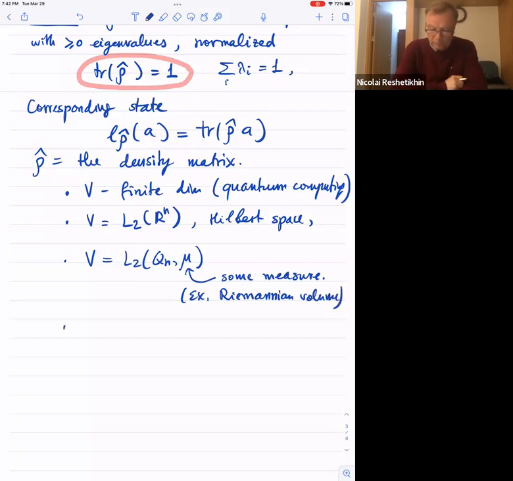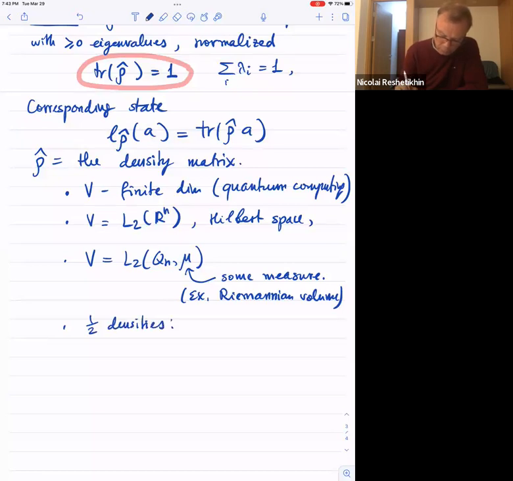And then a little bit more exotic example of spaces that occur in quantum mechanics, the so-called half densities. They work in the case when you just have a manifold, no extra structure, no volume form, no measure. So half densities.